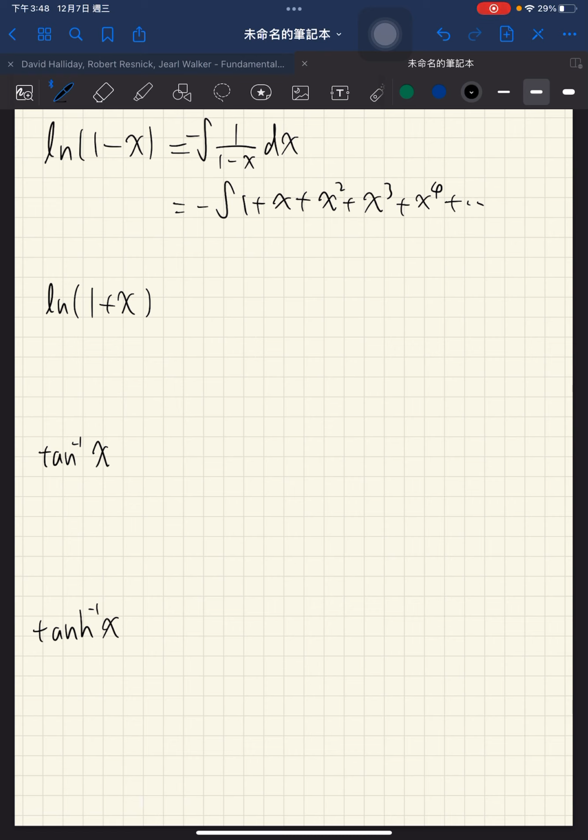Since ln 1 is 0, the constant term will also be 0, so we can just integrate this, and C is 0. We get x plus one half of x squared plus 1/3 of x to the third power, and so on.